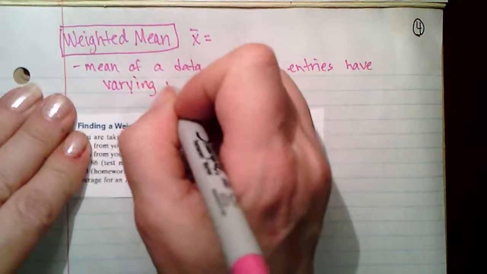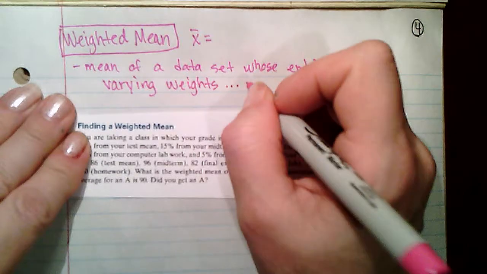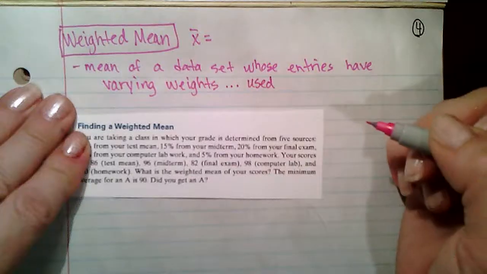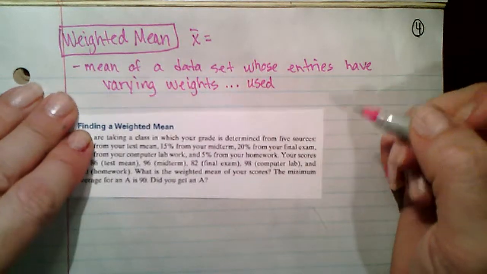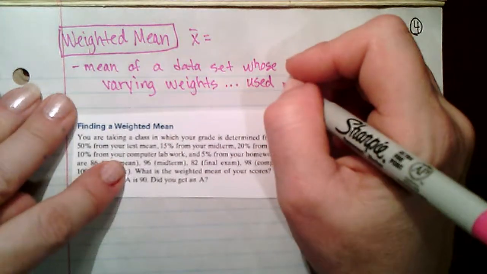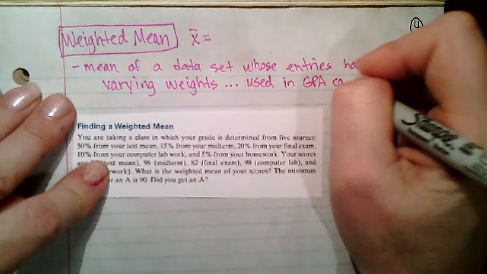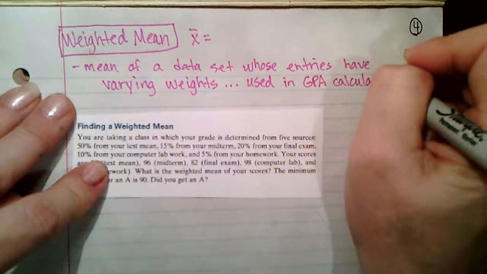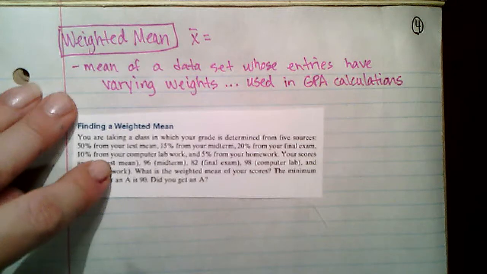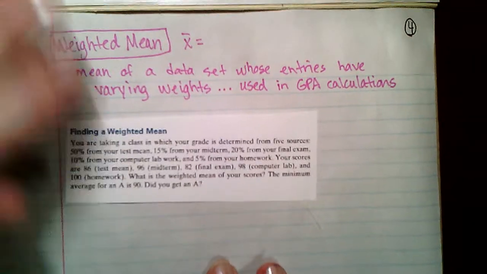So one category doesn't count the same as another category. Like, for example, if you have a 3 credit hour class, that counts differently than a 6 credit hour class. So it's commonly used in GPA calculations. In GPA, the weight of the class is actually the number of credit hours. We'll do an example with that in a moment.